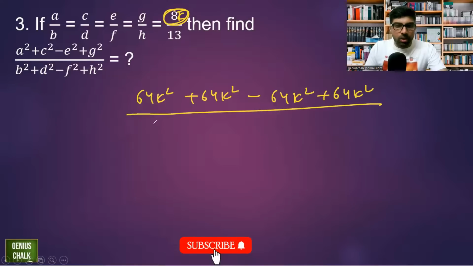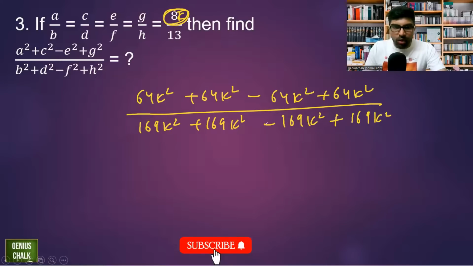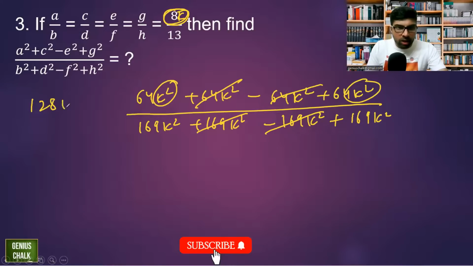And similarly, you can solve 169k square, 169k square, minus 169k square and plus 169k square. This is, I'm telling you, the theoretical method which is not required in the exam at all. So just see, these are cancelled and k square is common, right? So it is basically 128k square, and here it is 169 into 2k square.